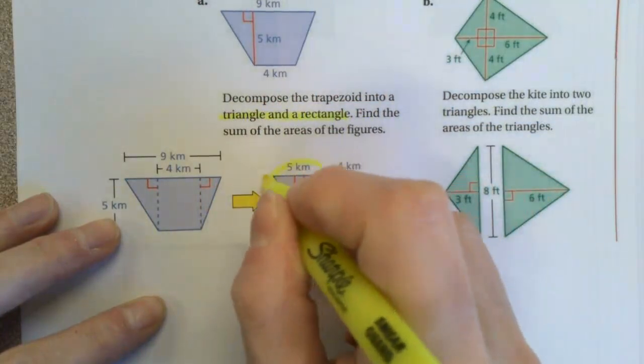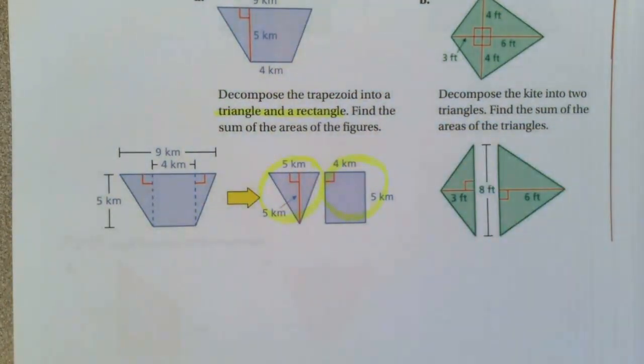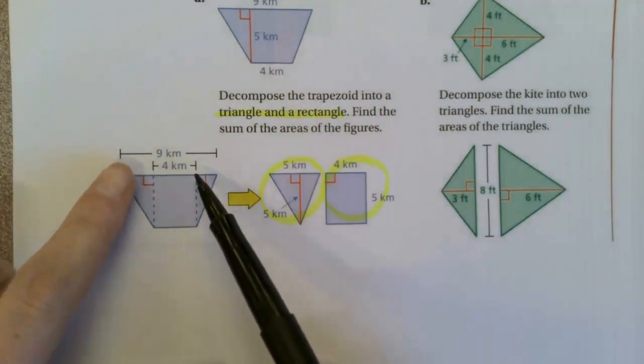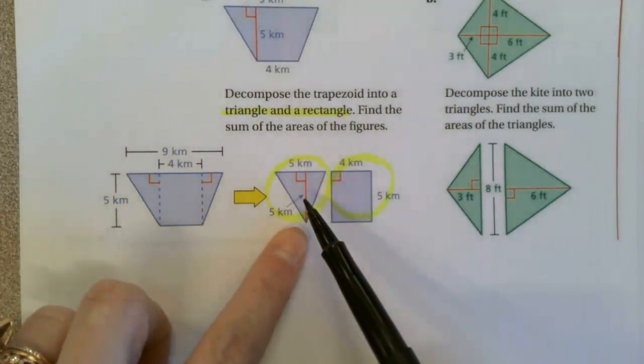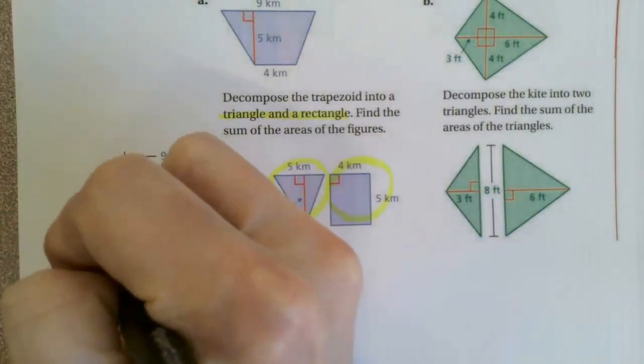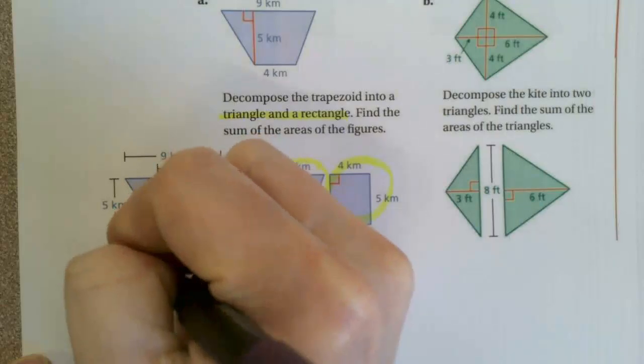Okay. So here's our triangle, here's our rectangle, decomposed into two shapes that we know how to find the area of. Right here, these two pieces became the triangle. So if we find the area of that triangle, we can use our formula, 1/2 base times height.